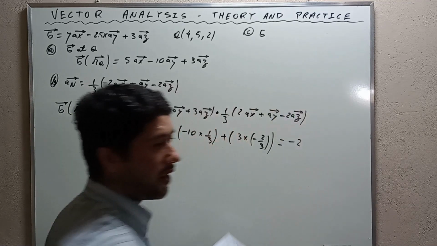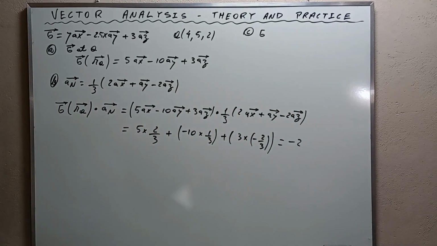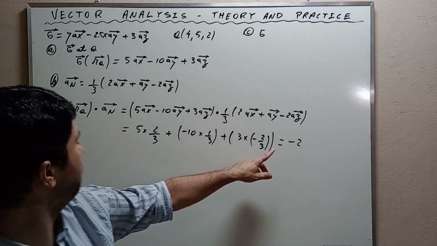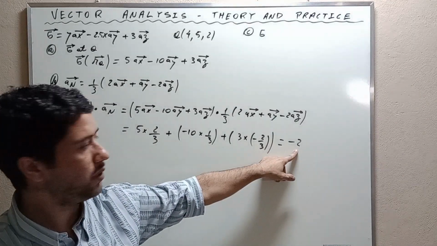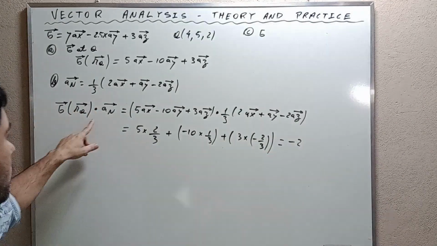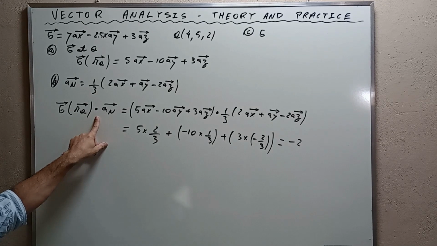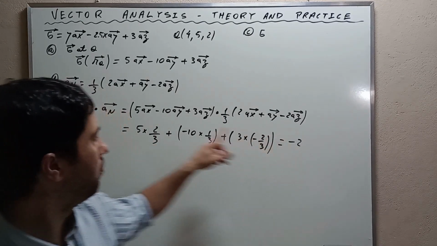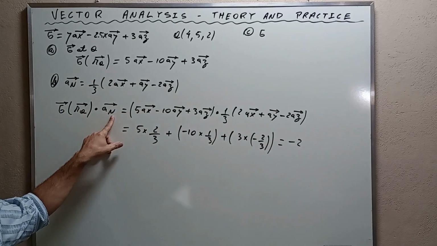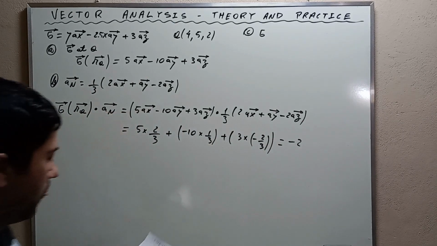The vector component is obtained by multiplying the scalar component by the unit vector in the direction of AN. This is the scalar component, okay? This is the result of this dot product. If we multiply this by this, we have the vector component.